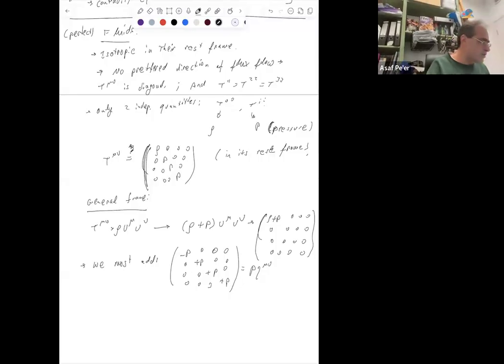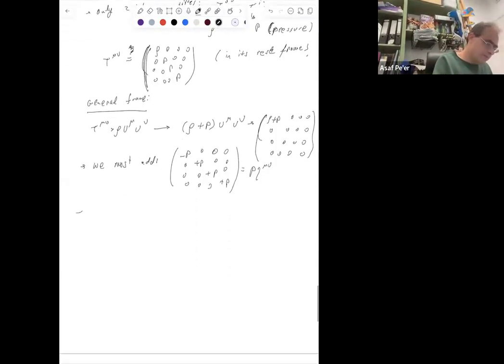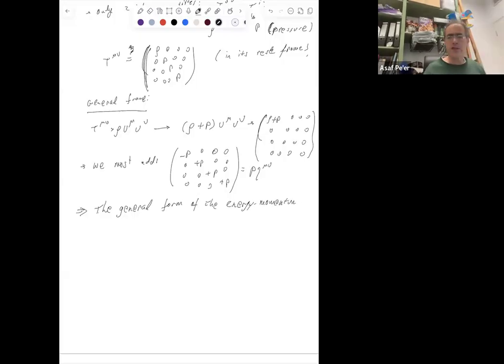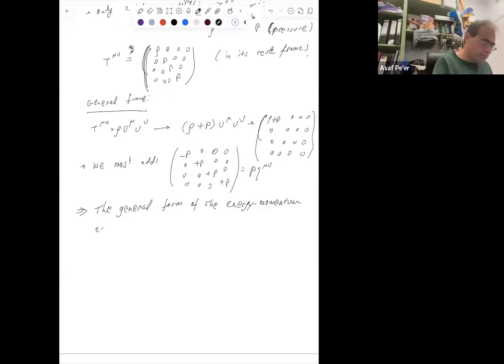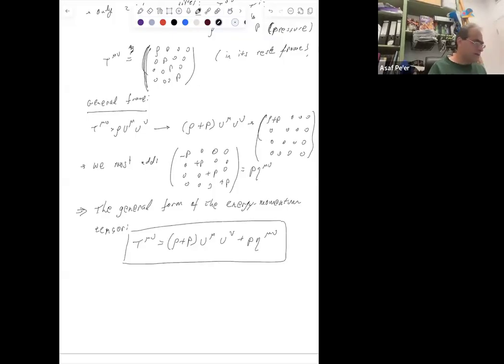So the general form of the energy momentum tensor, also known as the stress energy tensor, is T mu nu is rho plus p, u mu u nu, plus p eta mu nu.